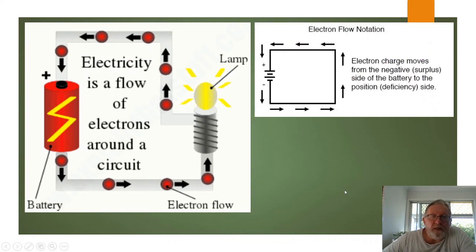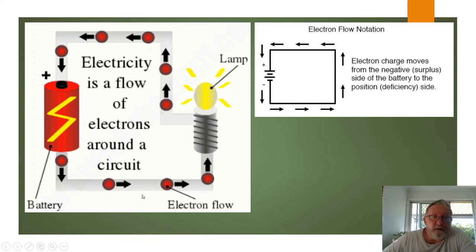All right, so now this last little diagram here talks about energy flow. So electricity is a flow of electrons. So electrons are the negative element within an electrical flow, and they flow from negative through to positive.